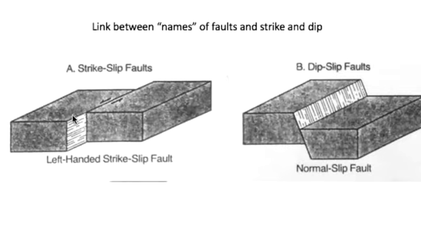Here we have a vertical fault, and you can see this block on the right has moved sort of into the screen. The slip is parallel to strike, so we call it a strike-slip fault. And there's another kind of fault called a dip-slip fault. If this block had moved downward instead of sideways, we would call that a dip-slip fault.